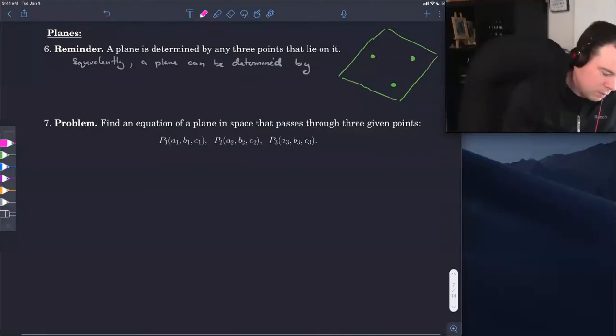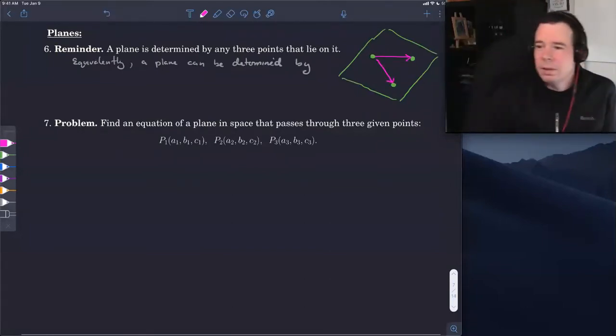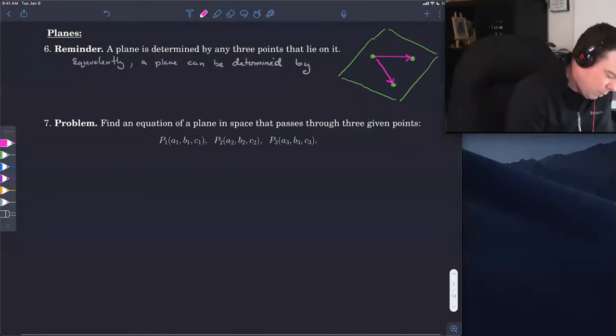If I have 3 points on a plane, then I can construct vectors that are parallel to that plane. So there's an example of 2 vectors that are parallel to the plane. And those would be enough to determine the plane along with a point.